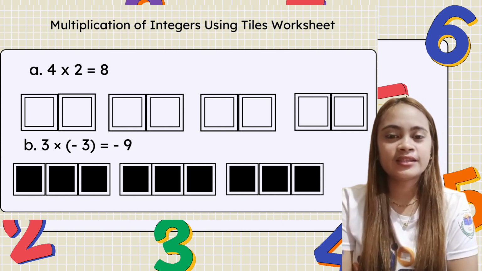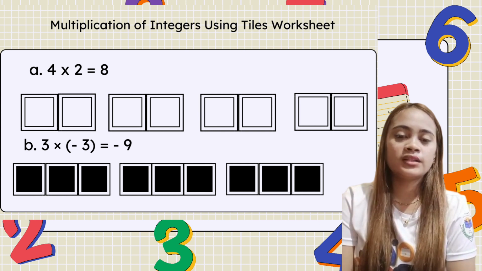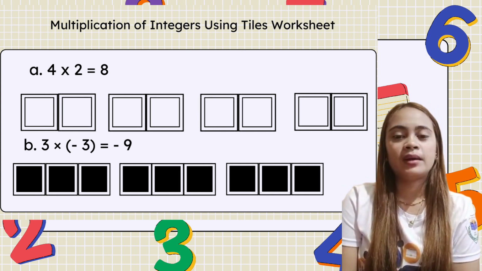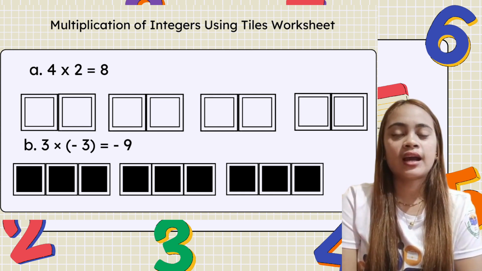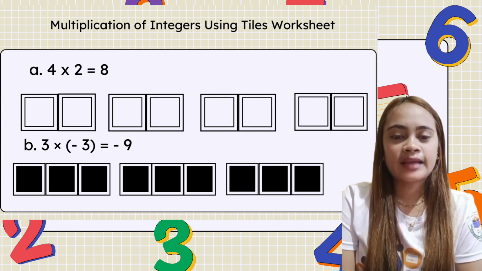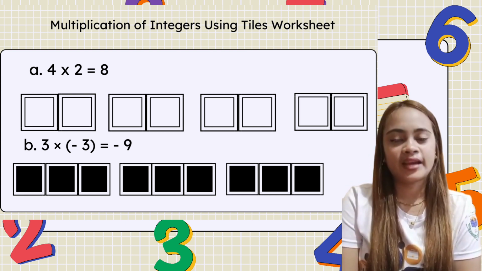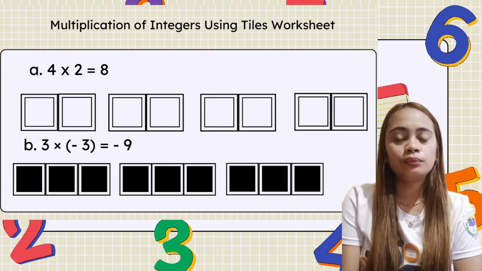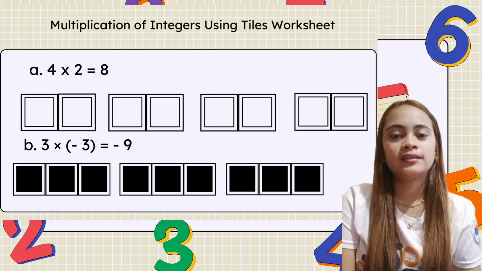The second is 3 times negative 3 is equal to negative 9. Of course, ang sabi ko kanina, if magkaiba yung signs nila, ikokopya mo lang yung sign, which is negative. So, negative 9. Andyan yung negative 9 sa ibaba ng tiles.